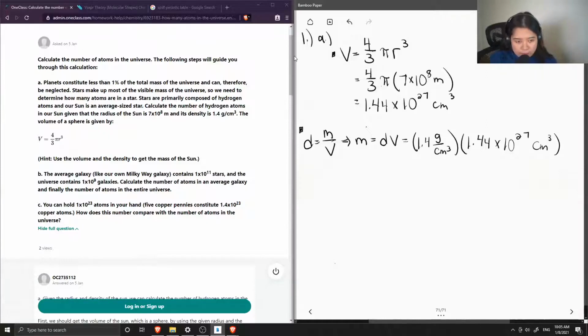Okay, so if we multiply these two values together, we get a mass which is 2.016 times 10 to the 27 grams. And this is the mass of hydrogen atoms in the Sun.